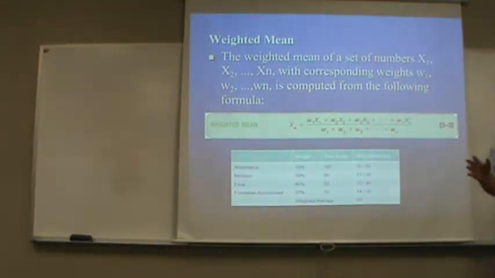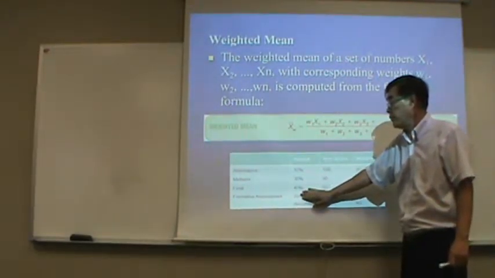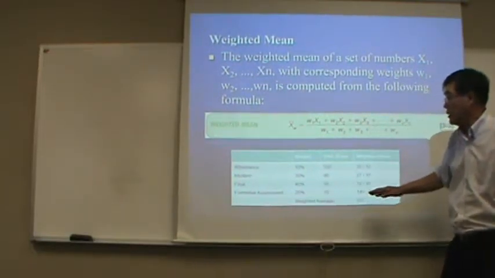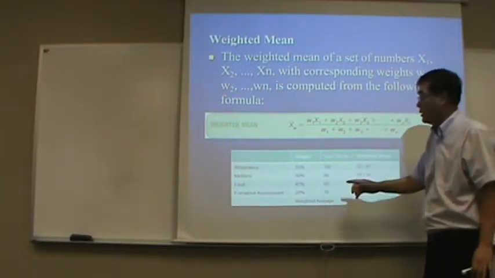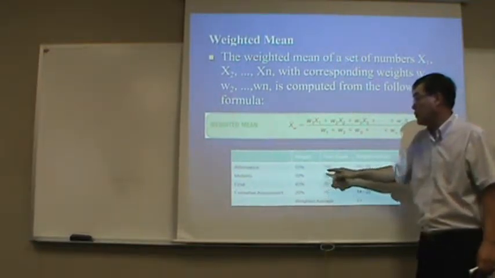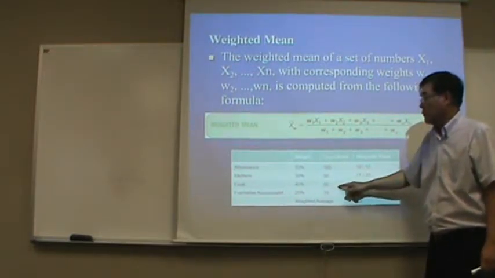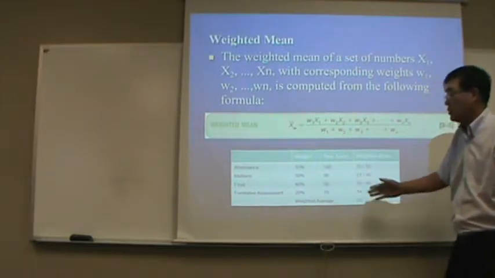For example, our grading policy: attendance 10%, midterm 30%, final 40%, and formative assessment 20%. In that case, if you don't miss any class, then 100% on attendance, 90 out of 100 on midterm, 80 on the final, and 70 out of 100 on formative assessment, like that.